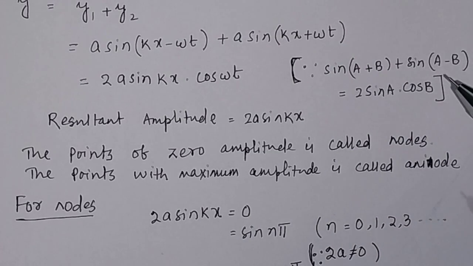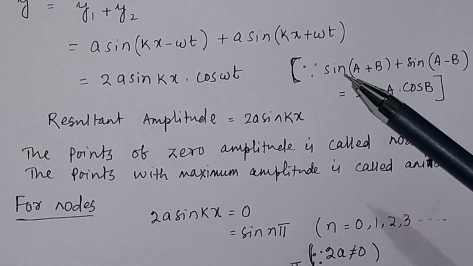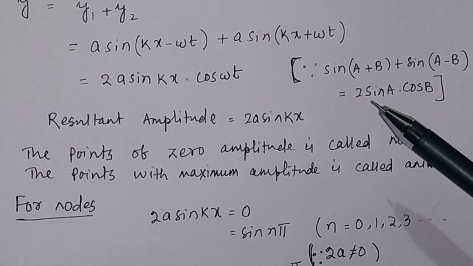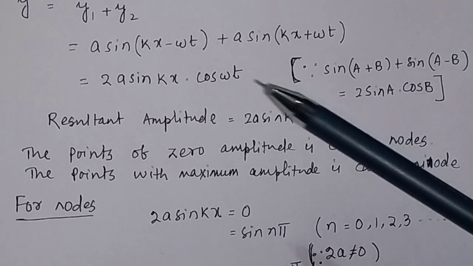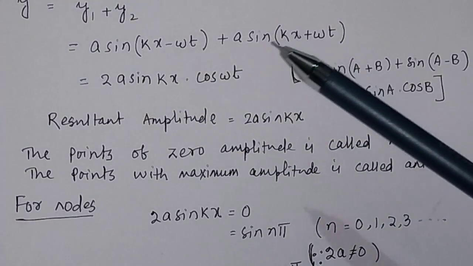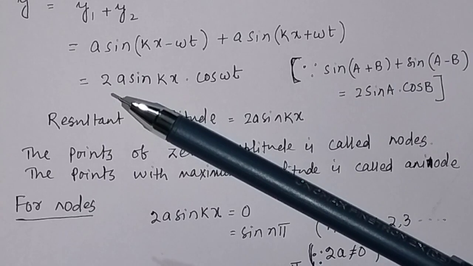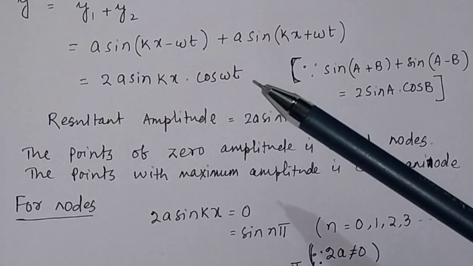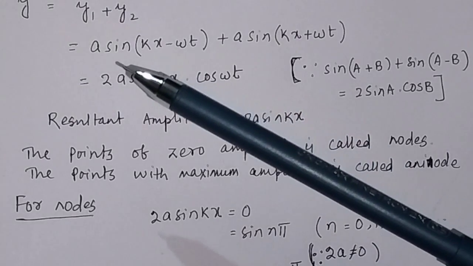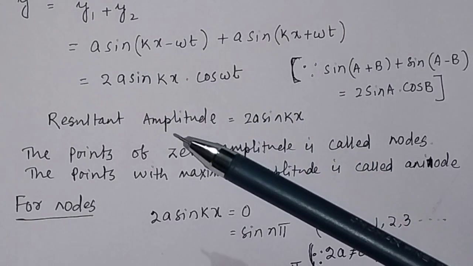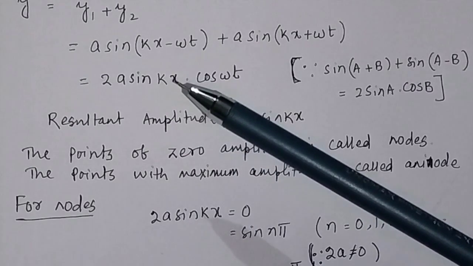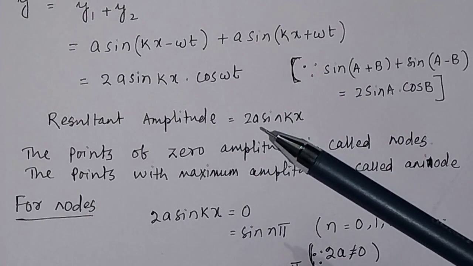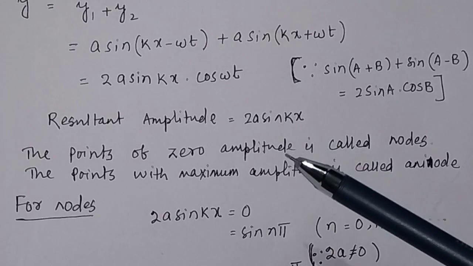If you use the trigonometric equation, sin(a plus b) plus sin(a minus b) is equal to 2 sin a cos b, then the result of this addition will be equal to 2a sin kx cos omega t. Here 2a sin kx is called the resultant amplitude of the two waves. So the resultant amplitude is equal to 2a sin kx.